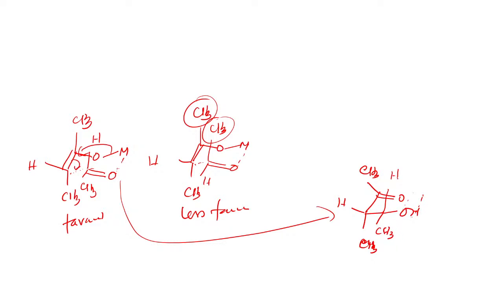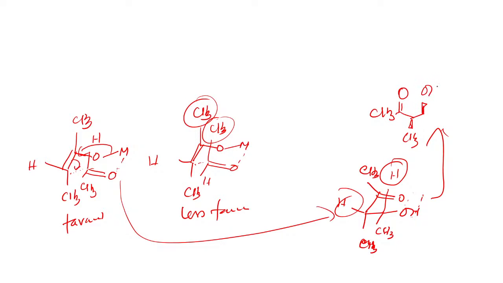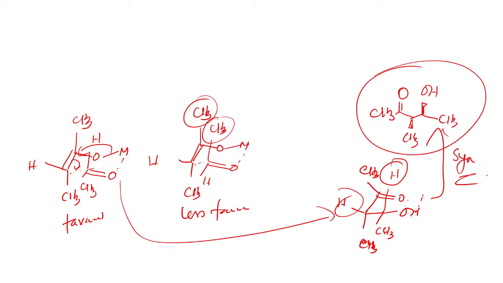Now if you look at the relation between these two hydrogens, one is axial and one equatorial, that means cis, which will be equivalent to this, so in this case you get the syn stereochemistry.